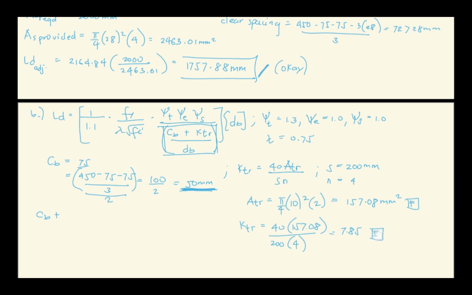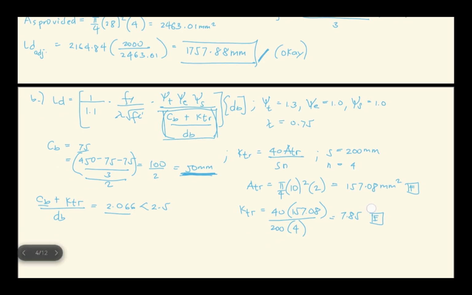Store in memory E. So CB plus KTR divided by dB is equal to 2.066, which is less than 2.5. So it's okay to use 2.066.